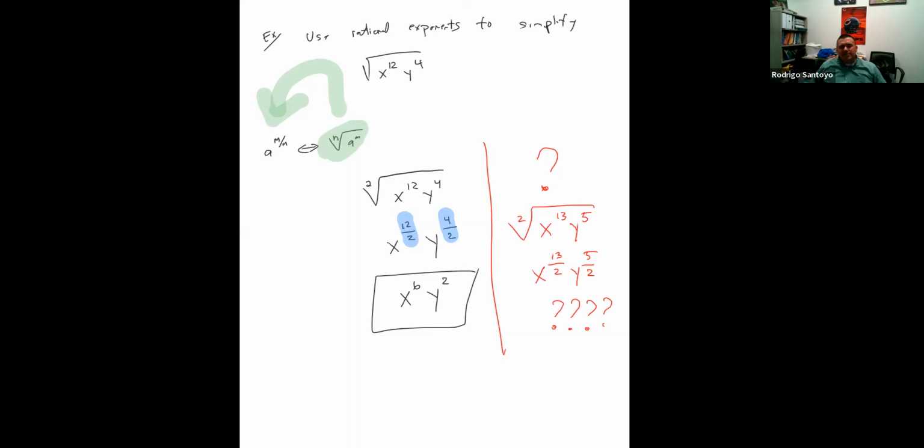Doesn't give you a whole number. So what does that mean? Does that mean you cannot do anything? And that answer is no. You can still simplify. And that is what 6.3 is all about. And that's what we will start discussing. But before I do, any questions so far?